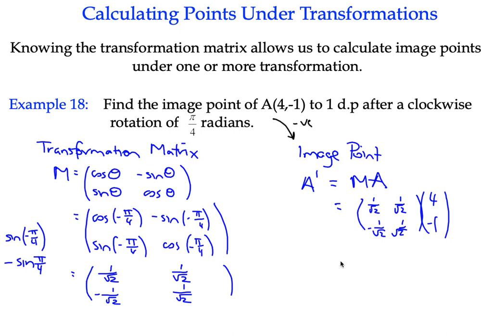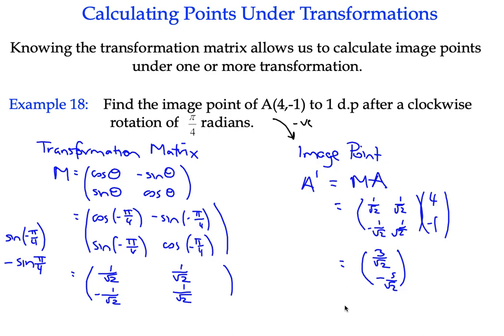And that's going to give me just a 2 by 1 matrix. Okay, so let's try and do this, which is the first pair, so the row times the column. So you get 1 over √2 times 4 is 4 over √2, and minus 1 over √2 gives you 3 over √2 as my first point. Second one, I've got negative 1 over root 2 times 4 is negative 4 over root 2, plus negative 1 over root 2, which is going to be negative 5 over root 2.